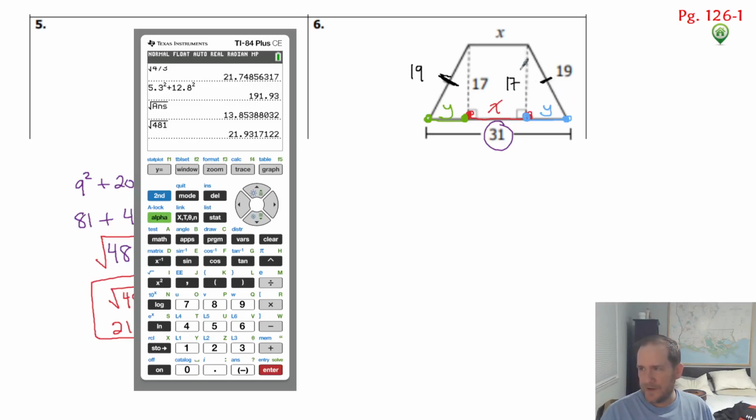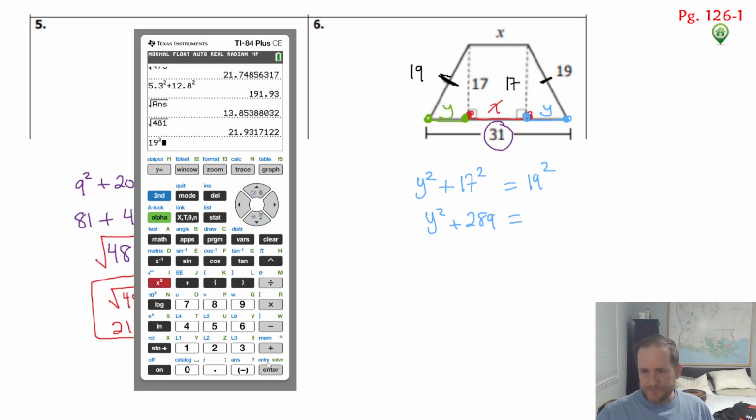And I just do Pythagorean theorem. For y, we would say that y squared, that's one of our legs, plus the other leg, 17 squared, equals the hypotenuse, which is 19 squared. So that means that y squared plus, I think this is 289, and 19 squared, I'm actually not sure. I'm not gonna guess. 19 squared is 361.